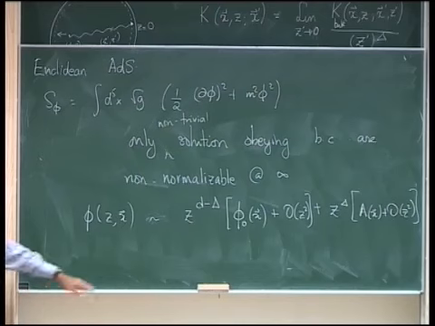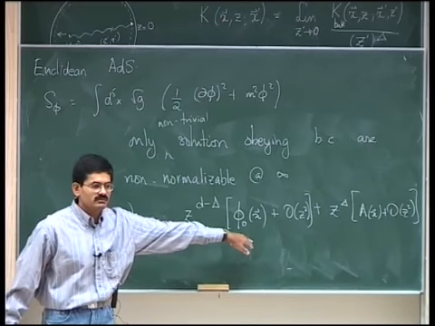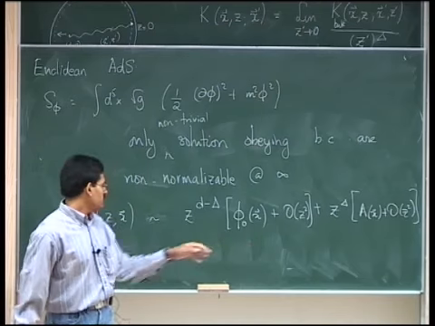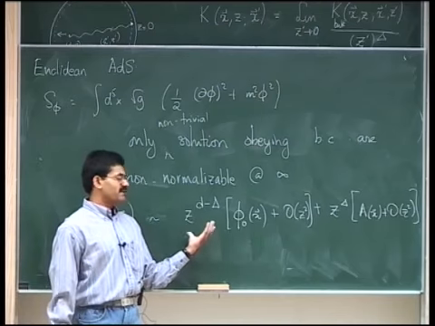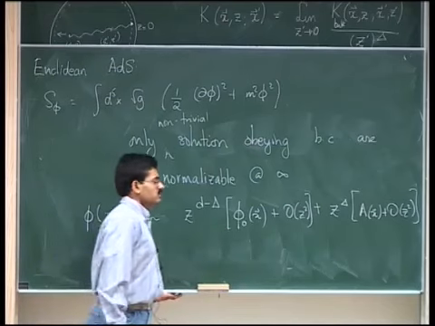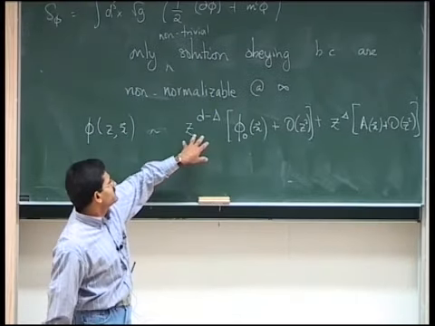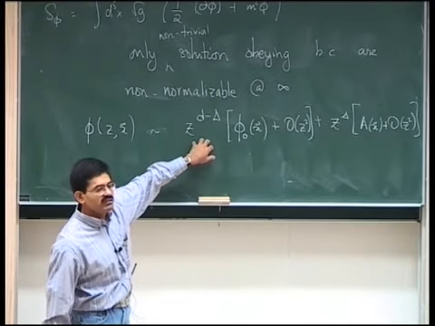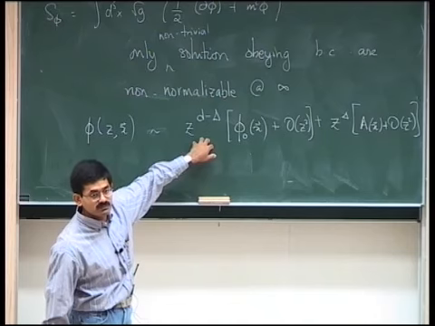Where phi naught, as usual, is my source term. Okay? So my field behaves at small z exactly as follows. And it's this fall off with z which makes this not normalizable.